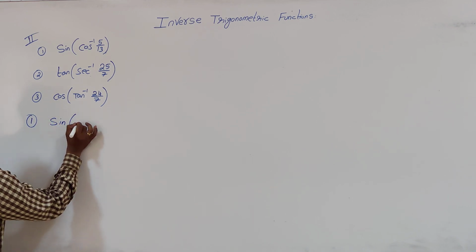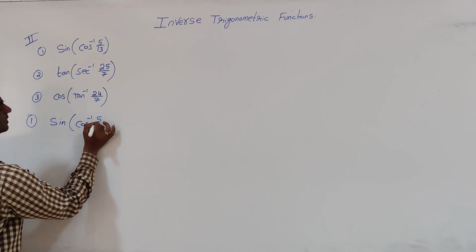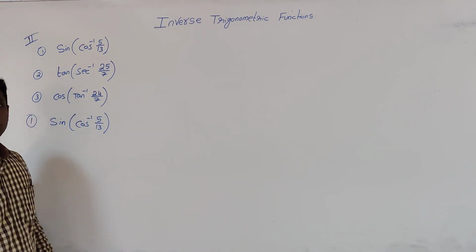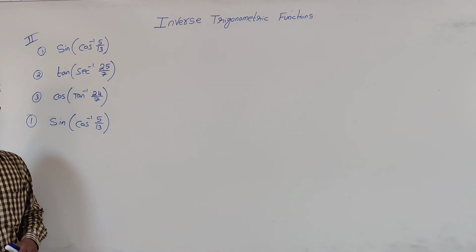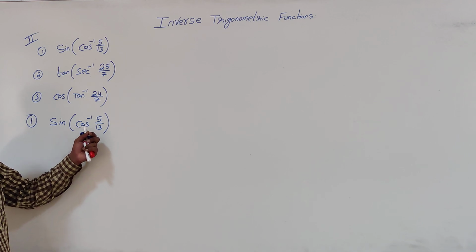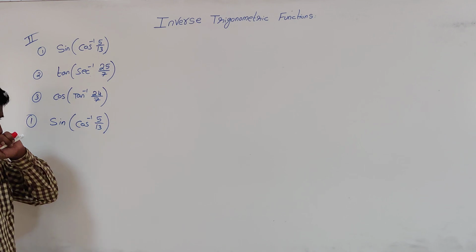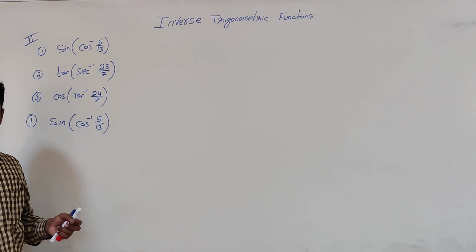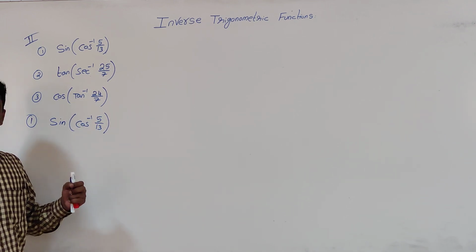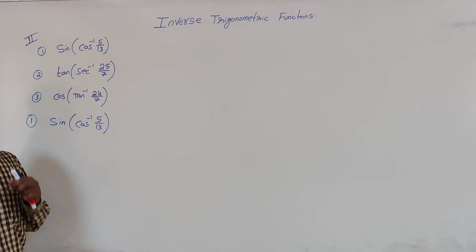Sin of cos inverse of 5 by 13. It is a composition function. So assume that cos inverse of 5 by 13 is an angle, because 5 by 13 is the input, and cos inverse of x is the output that lies between 0 to pi.